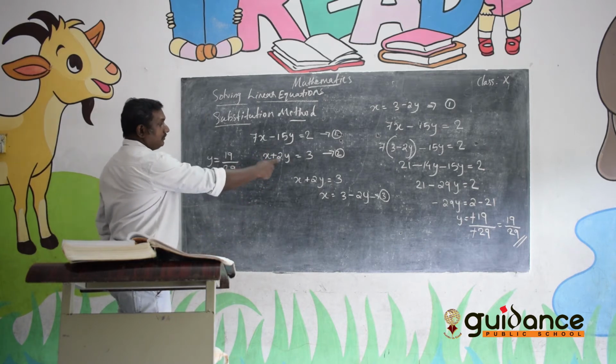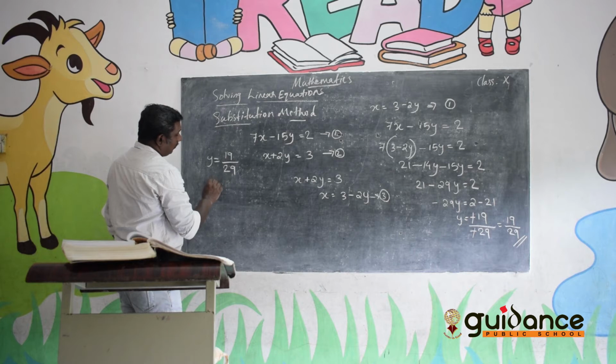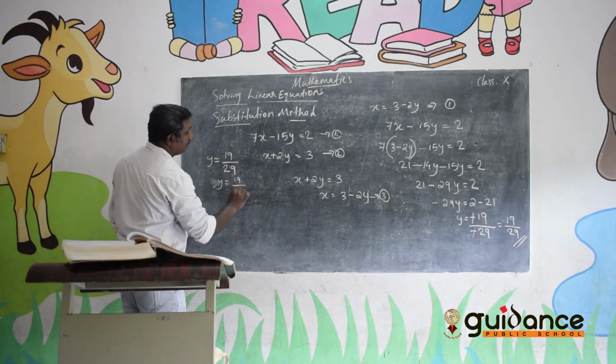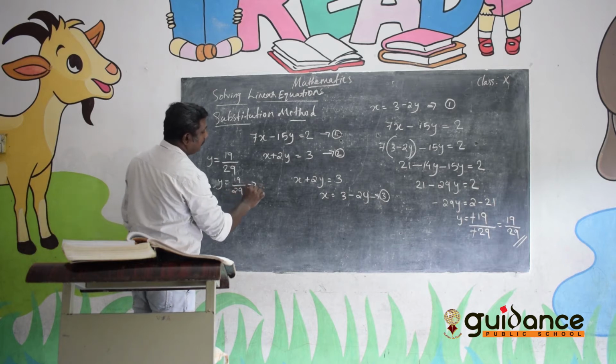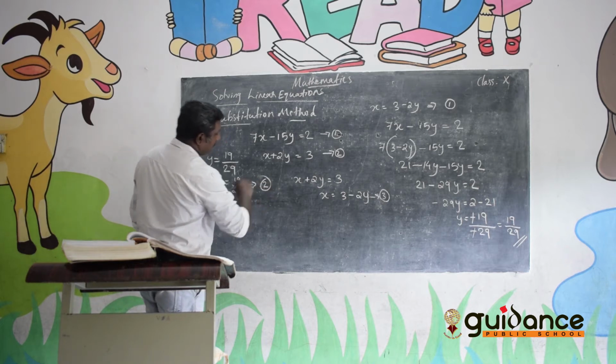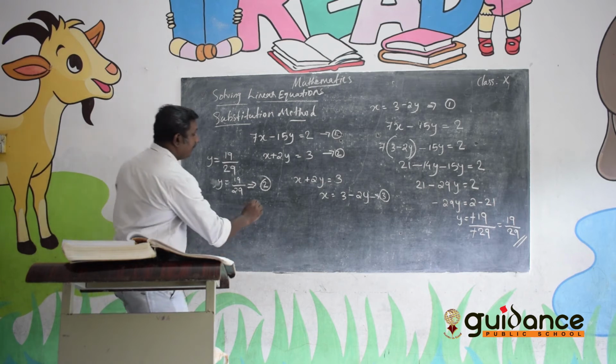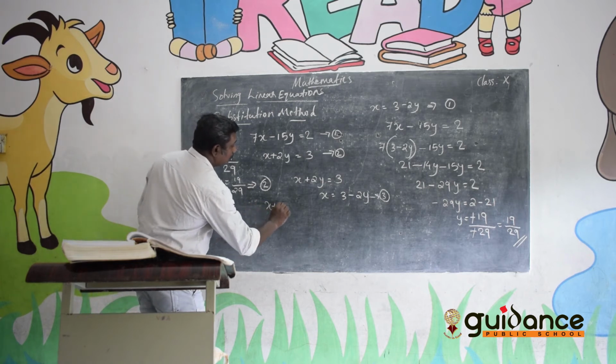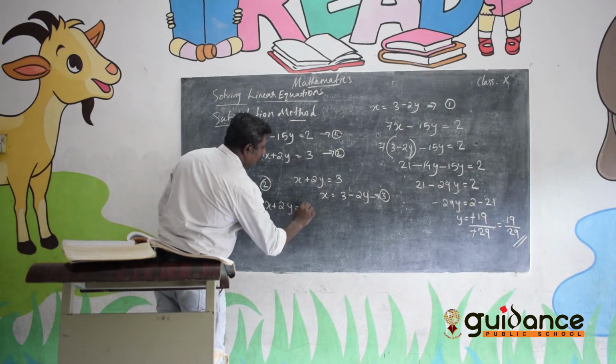We substitute y equal to 19 by 29 in equation number 2, that is x plus 2y equal to 3.